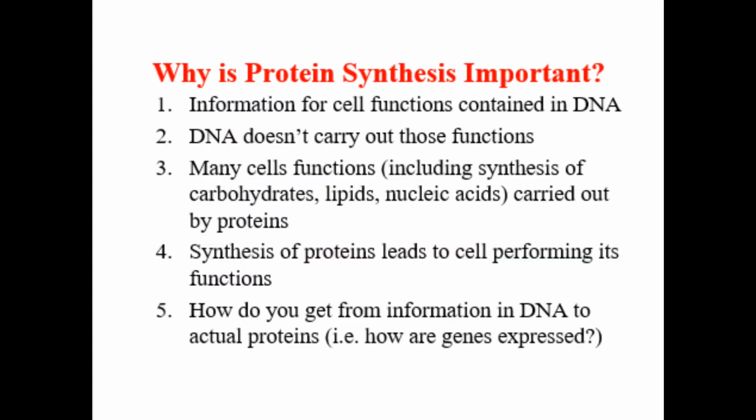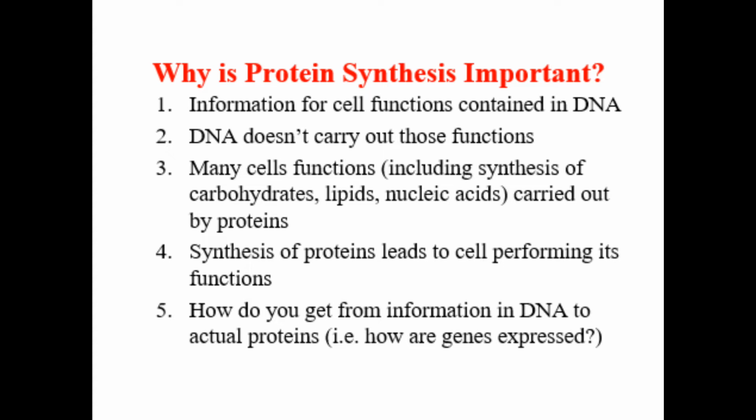Now it's a lot more complex and advanced, and organisms have DNA. So, one of the things I want to point out from the very beginning is that RNA is necessary to make proteins.